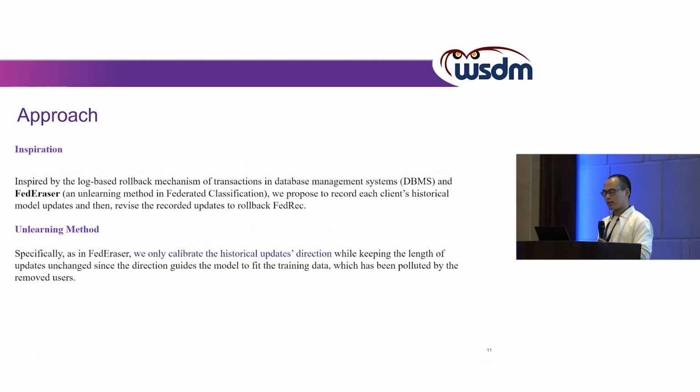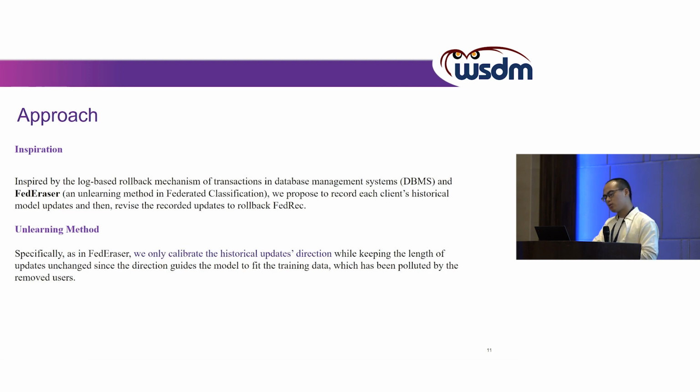The theory in FedEraser is that we only need to calibrate the historical updates' direction, because the direction gets the model to fit on a dataset. And when some clients ask to quit, the dataset is changed, so we need to change the direction. But we can still reuse the historical updates' length.